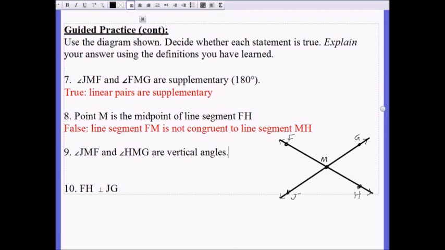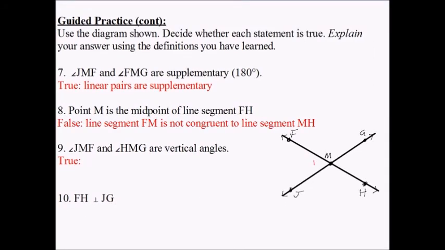JMF and HMG are vertical angles. That right there will be a true statement. Why is it a true statement? Well, we have two angles, so let's identify them.